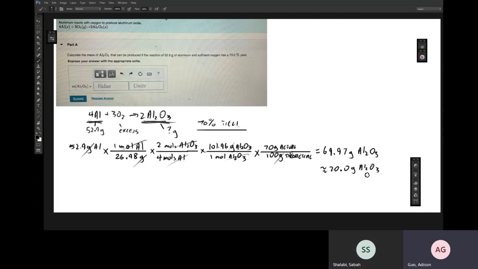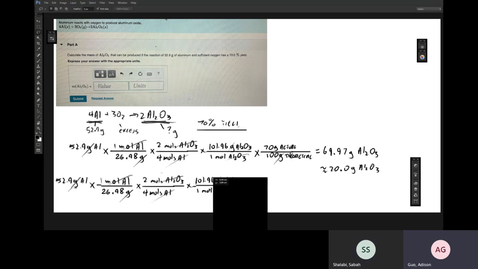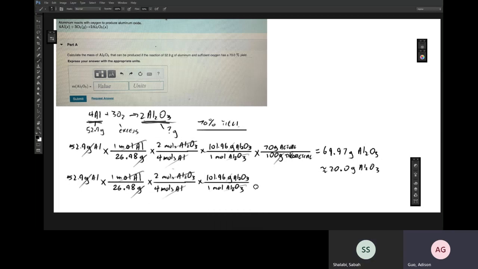Another way you could do it is, instead of writing that part, you could get to here. So this would calculate the theoretical maximum you could create. Divided by 4 times 101.96.